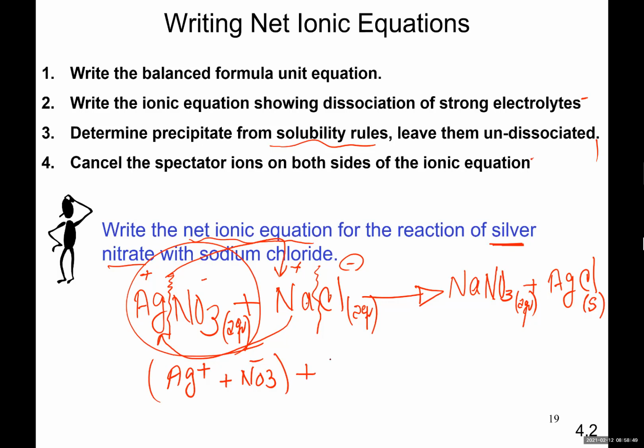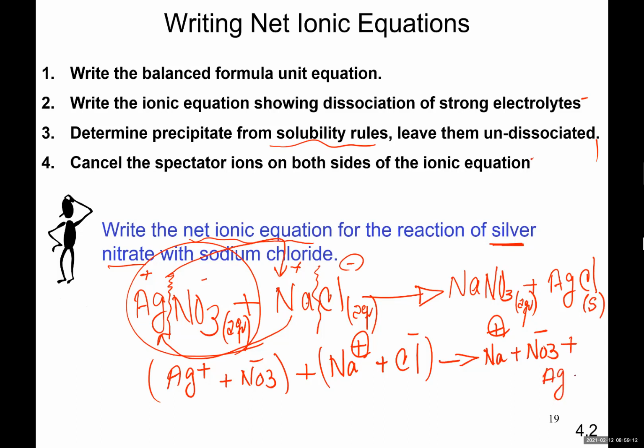And because NaCl is water soluble, it means in water it breaks down to its corresponding ions. Because NaNO3 is water soluble, it breaks down to its corresponding counter ions. AgCl is solid. It means it doesn't break down to ions.